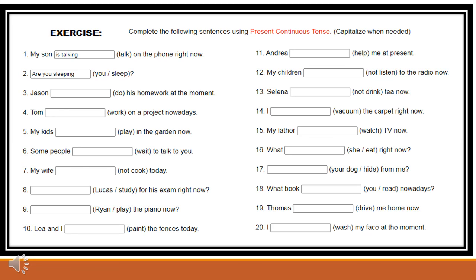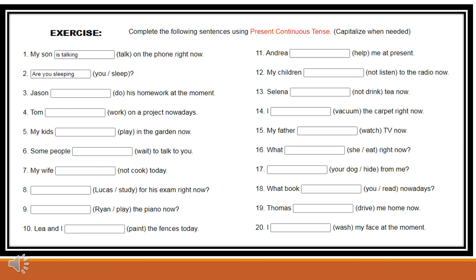Now you can see example number 2 is interrogative, and here you have two words given in the bracket, that is you and sleep. Means you is your subject and sleep is your main verb. First you will make sleep with ing, that is sleeping. Now you and sleeping, and then there is a question mark which is telling you that you have to make an interrogative. Now how will you make an interrogative?